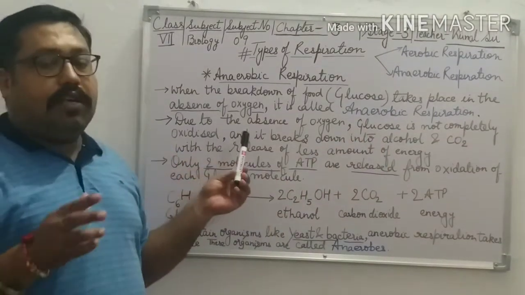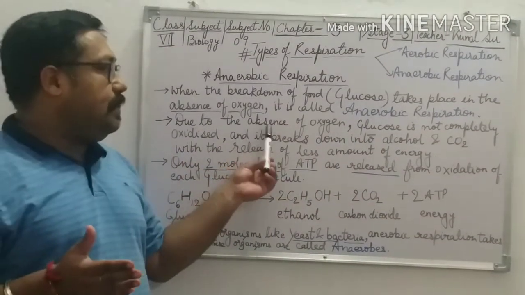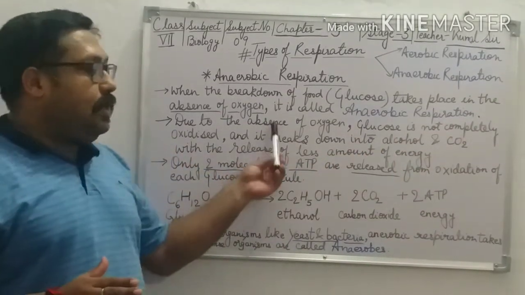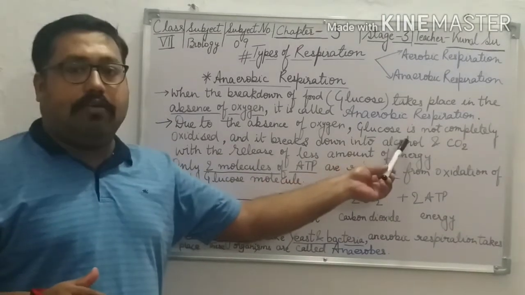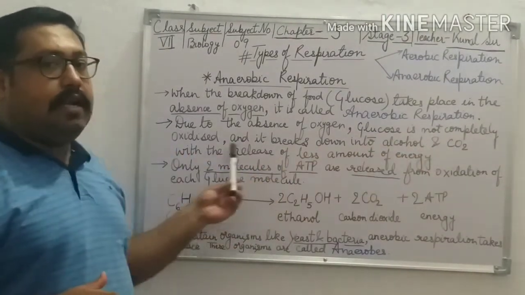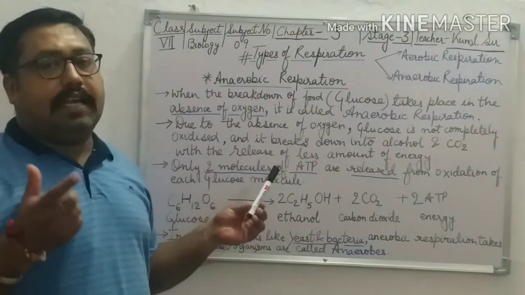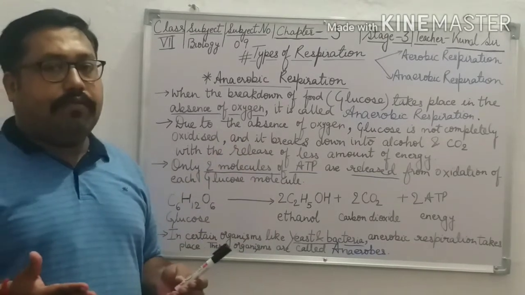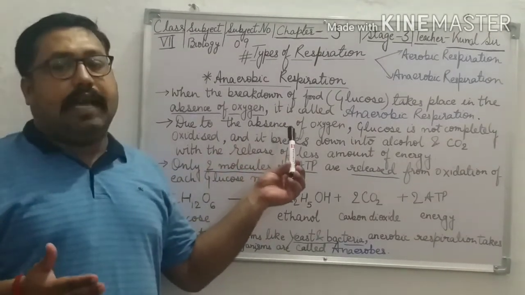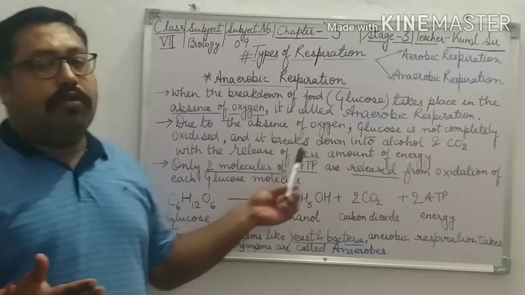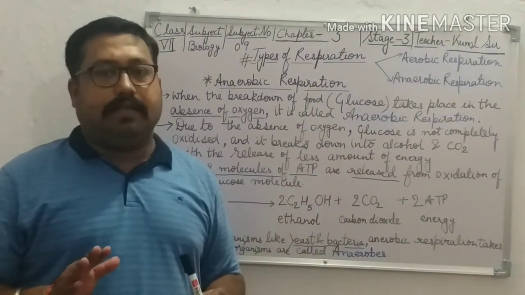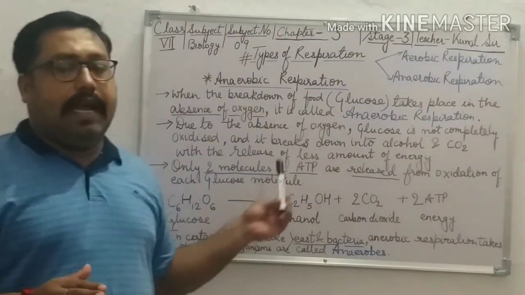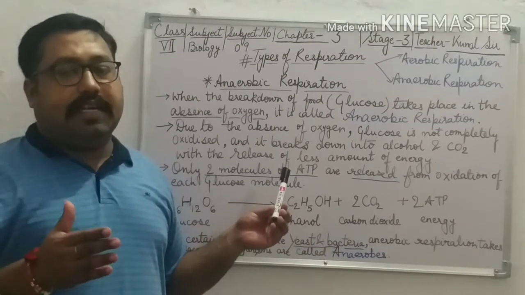Because oxygen is absent, glucose is not completely oxidized, and it breaks down into alcohol, carbon dioxide gas, and a lesser amount of energy, that is ATP, adenosine triphosphate.